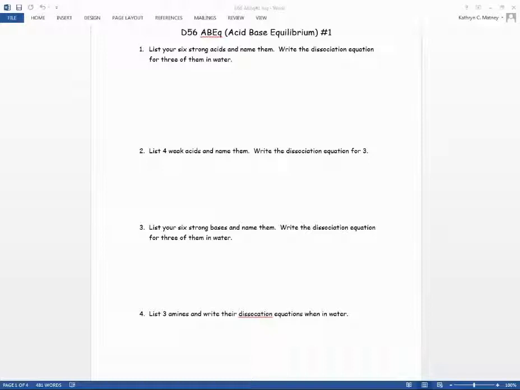So Bronsted-Lowry says when you do the dissociation equation, you write in water after the acid. And so over here, instead of just writing H plus, you show the H plus attaching to the water, making what we call hydronium. Let me show you a quick visual of that.